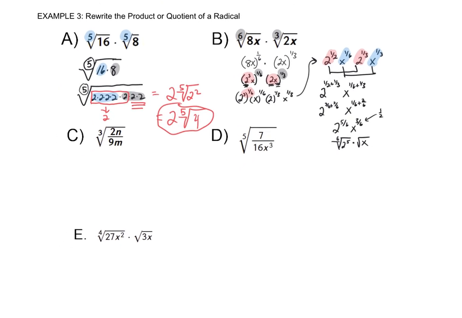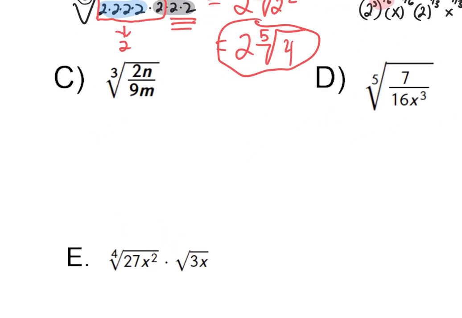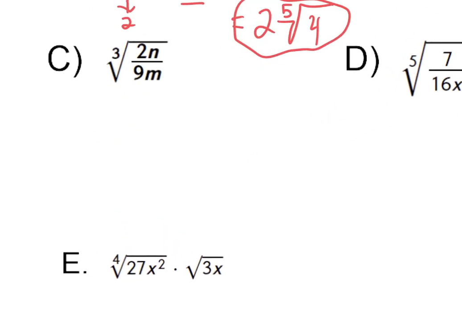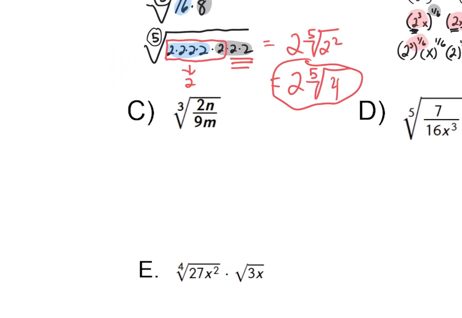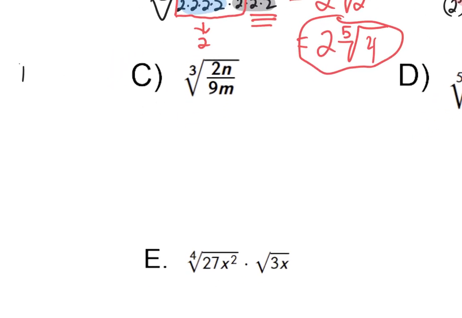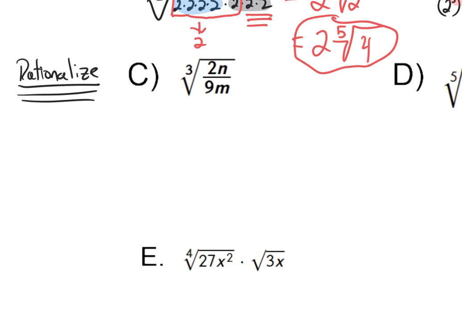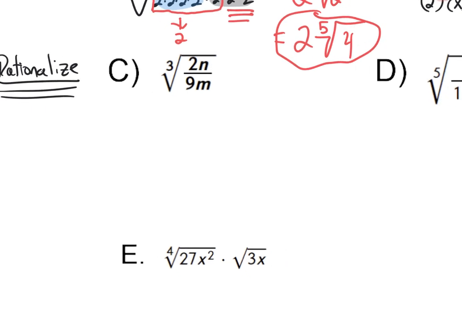All right, then we're going to move to an important example, example C. This is going to bring us back to a technique which we're used to with radicals, and it's what we do when we have to rationalize. All right, so nothing can be simplified in the fraction.